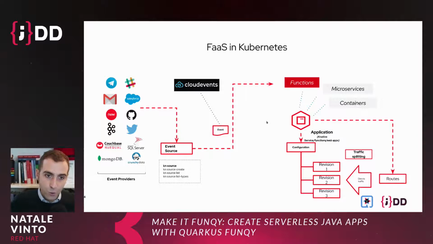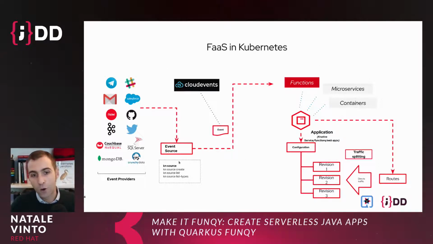How do you react to events? It can be an HTTP call, Kafka messages, Slack messages, Telegram, Twitter. Those are what are called cloud events. Those are a specification in the serverless world for when you have some event. Knative supports those cloud events, and the function as a service implementation in Knative, which we will see in a moment, also supports this.